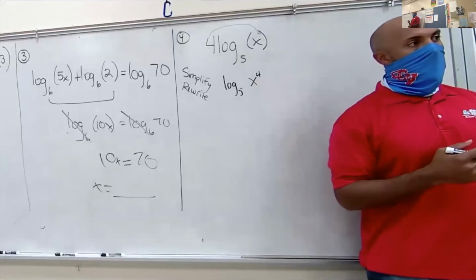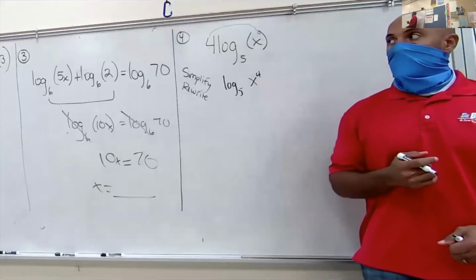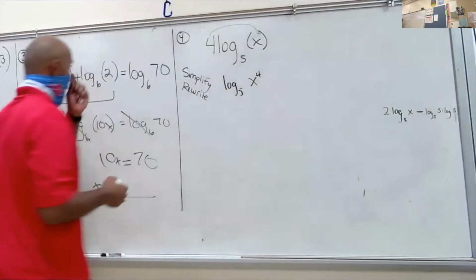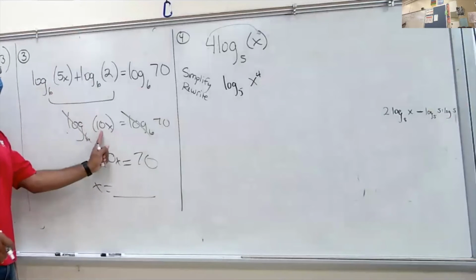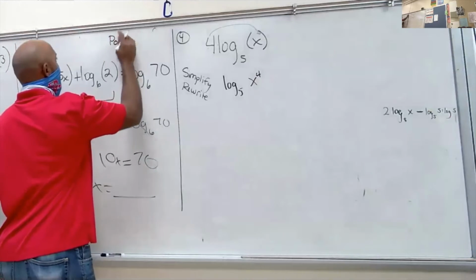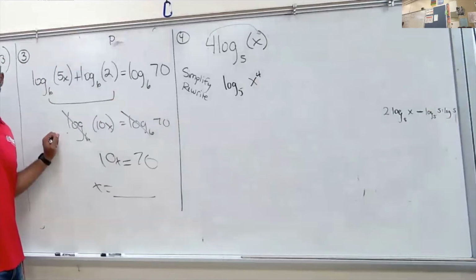Anybody know what that rule is called? Well, this one, we're combining 2 by multiplying. We're using the, starts with a P. When you multiply 2 things, you end up with a what? Product.